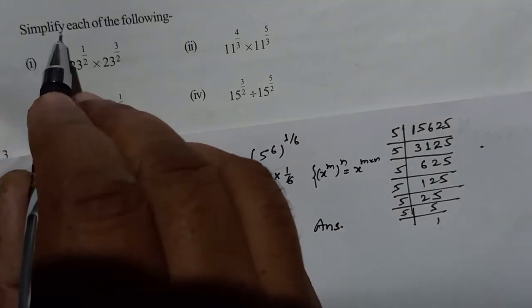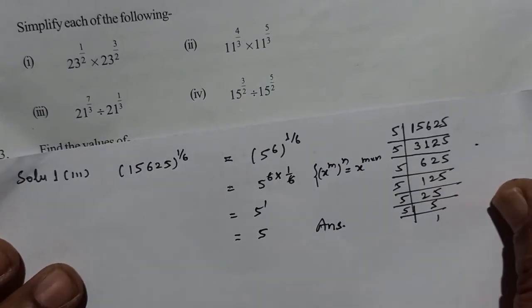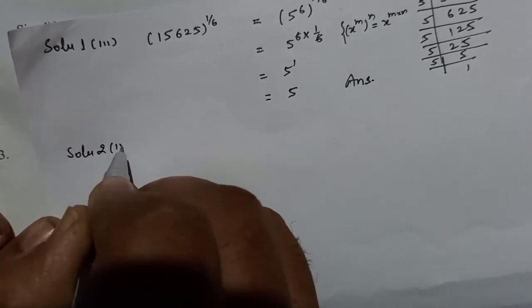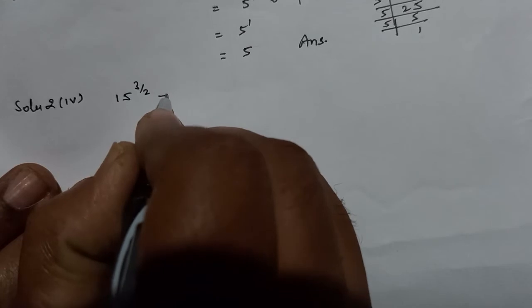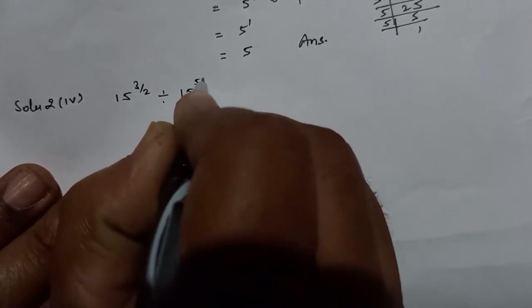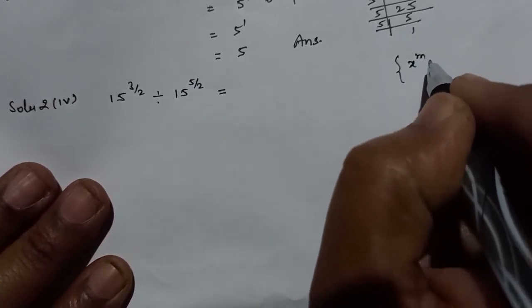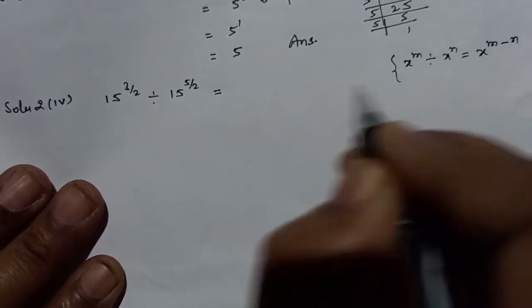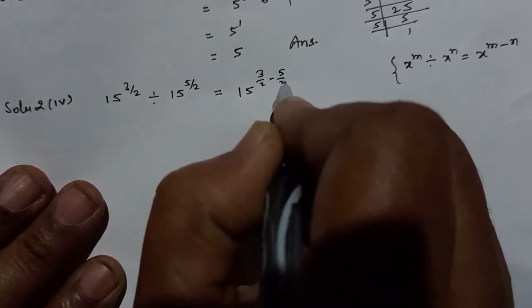Question number 2. Simplify each of the following. Fourth: 15 to the power 3 by 2 divided by 15 to the power 5 upon 2. Using formula x to the power m divided by x to the power n is equal to x to the power m minus n. 15 to the power 3 by 2 minus 5 by 2.